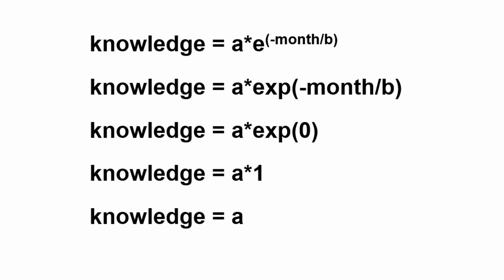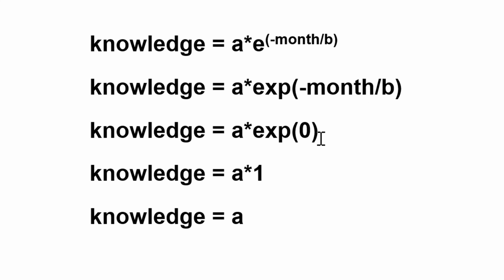For the group of people for whom I assess immediate recall at month 0, the equation looks like this. First I have the Ebbinghaus formulation. I express it using an exponent. Because the months passed is 0, this term up here becomes 0.